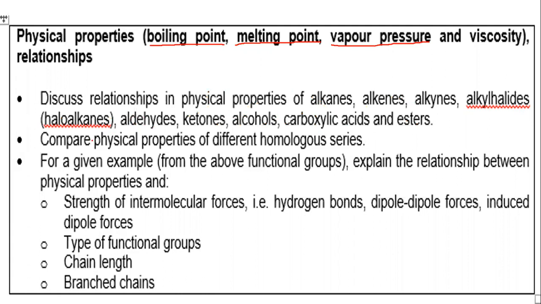Then we must be able to compare the physical properties of different homologous series. We must be able to compare them. In other words, I must be able to talk about a physical property of an alkane versus the physical property of an alcohol, or an alkene versus an alcohol, or any of the homologous series here. I must be able to compare their physical properties, meaning why are they different and so on.